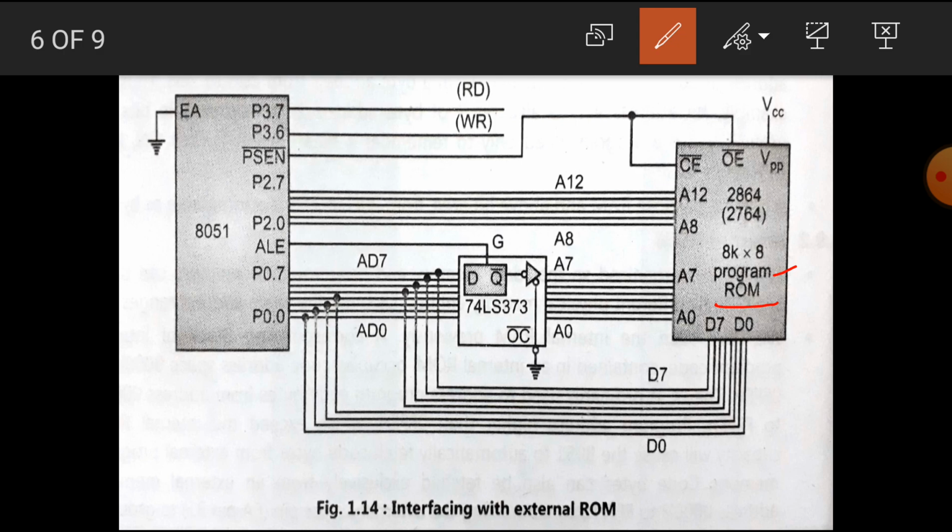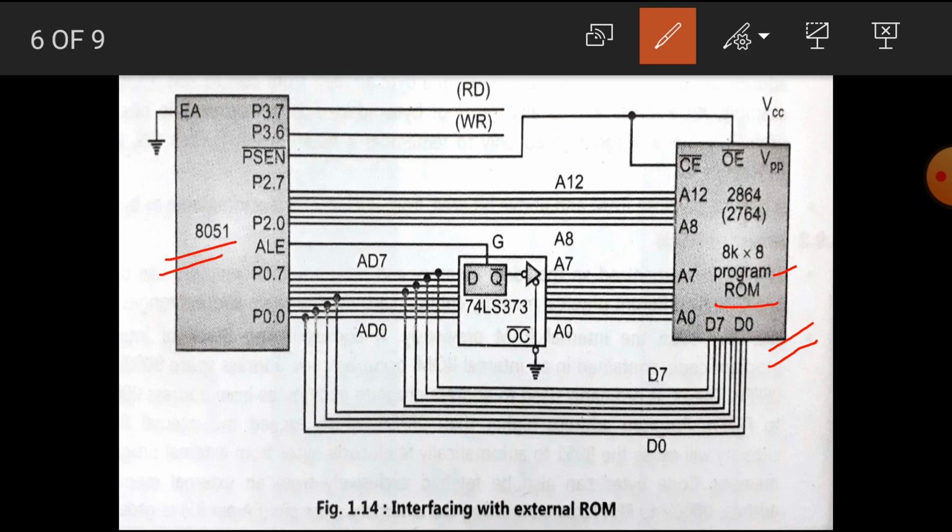The program ROM means this type of ROM in which we can store the program instructions. Here let's see the connections of this diagram. Here the 8051 microcontroller is shown, and here the 8K by 8 program ROM is shown.